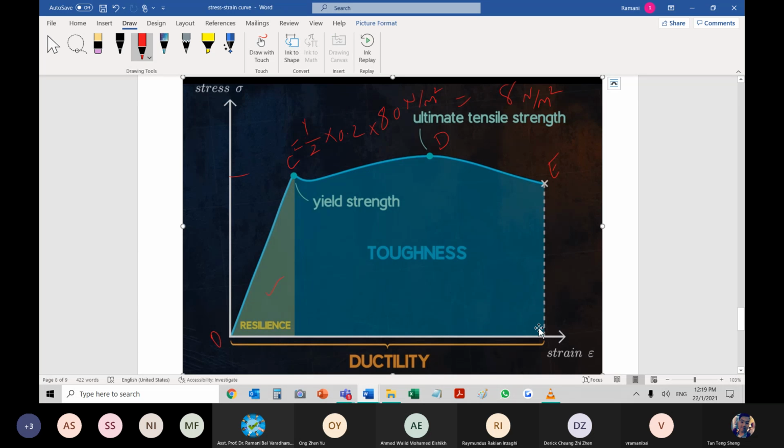This line times this line will give you the area, which is the complete toughness of the material, how tough it behaves in the plastic region. You can see this as the plastic region. So plastic behavior started, above which yielding started and breaking. So the toughness of the material, or how strong it is before breaking, is given by the area under this curve.